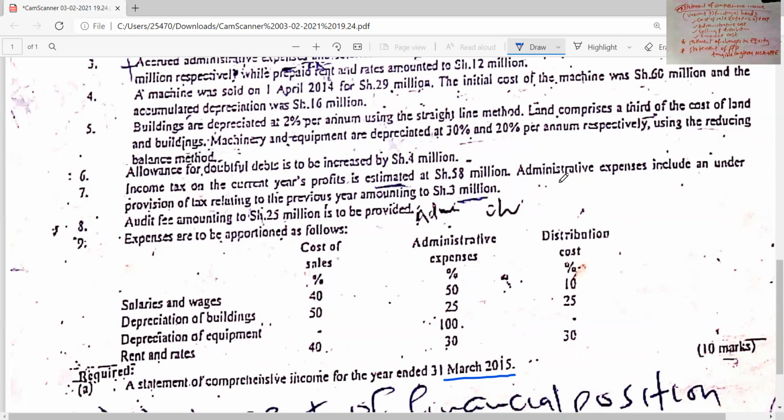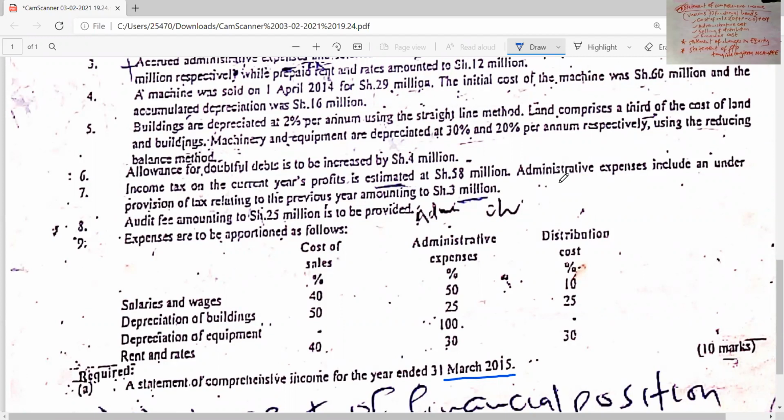When they say under provision, remember that, for example, last year, the previous year, they were supposed to pay 15 million as tax. They paid 12. So you can see they under provided by 3 million. That is the same thing they are talking about here. The previous year, there was a tax of 3 million they never paid, so it has to be paid this year, in the relevant year.